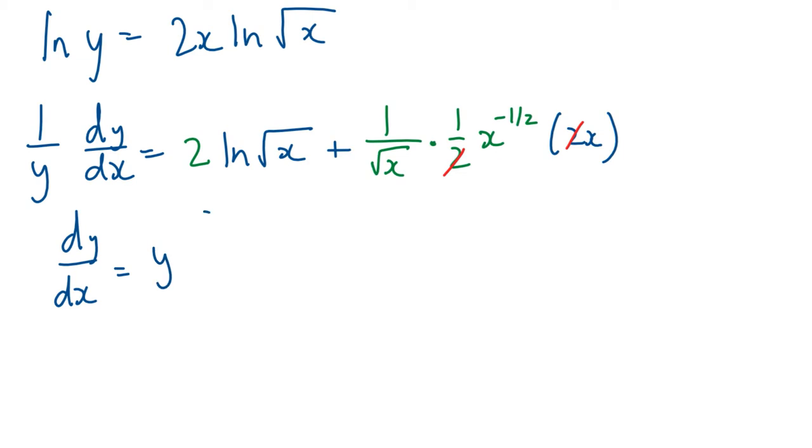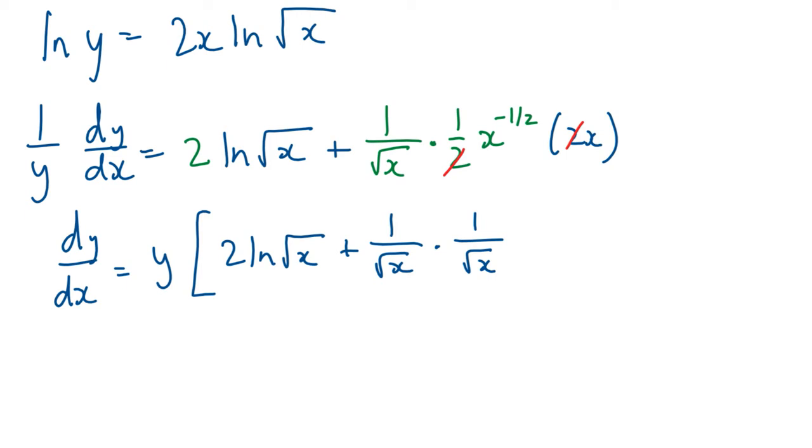Equals y, 2 ln root x plus 1 over root x. The half is gone. This is 1 over root x. The 2 is gone, times x.